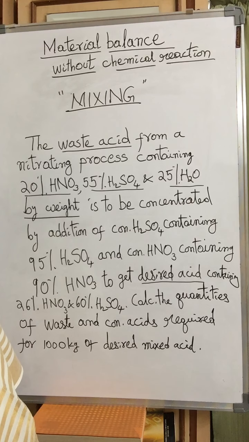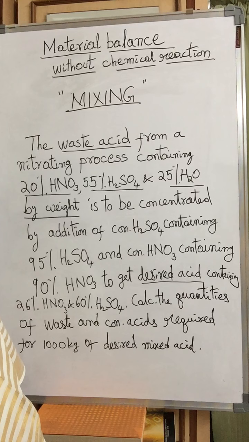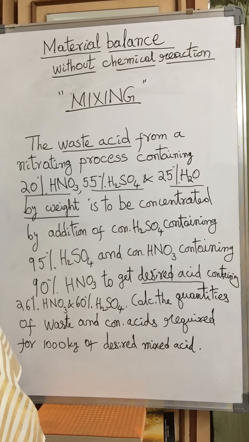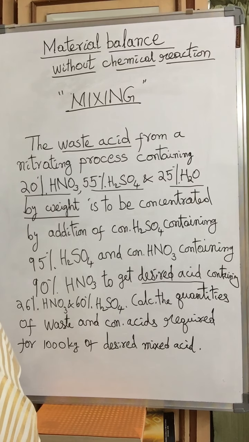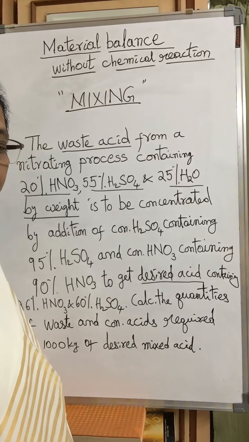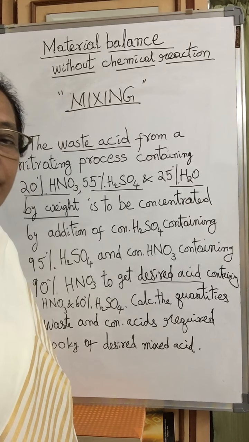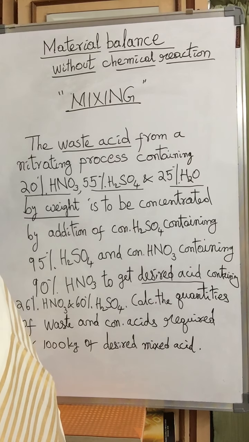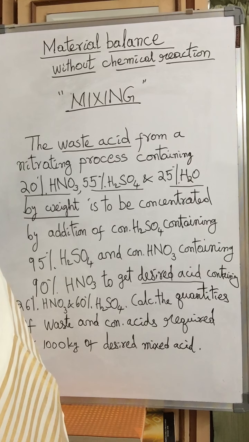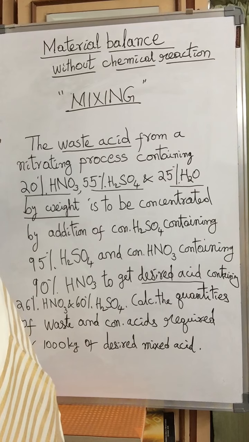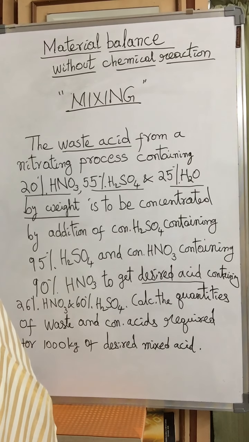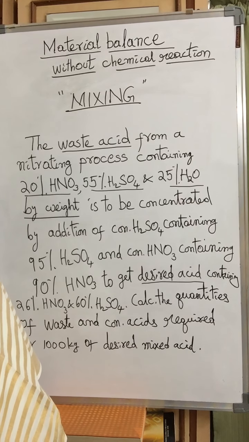That is why in newspapers we also see waste acid available, or another term we use for that is spent acid available. Some chemical industries give this spent acid. Spent acid means a dilute acid, an aqueous solution containing little amounts of acids.